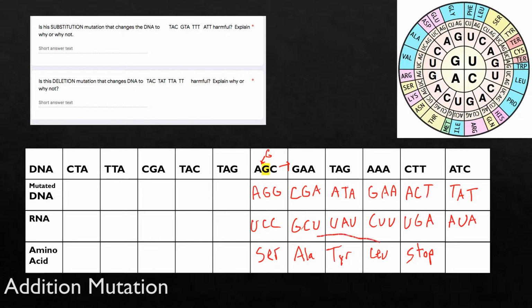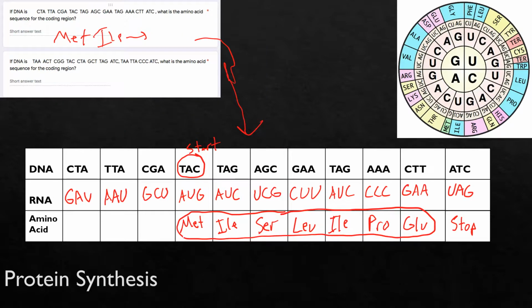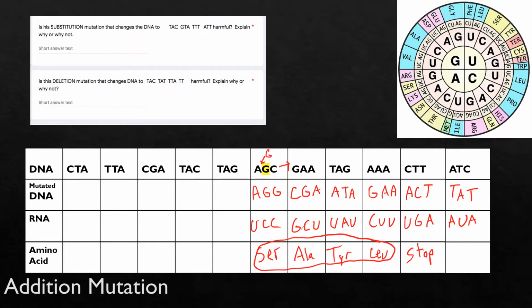So now our protein would look like this and is quite different from the original protein that is here. So that is an example of an addition mutation and how that works. Again, addition mutations cause major changes. We put that G in front of that G there and caused a lot of things to slide over and altered quite a few of your codons and obviously your amino acids.